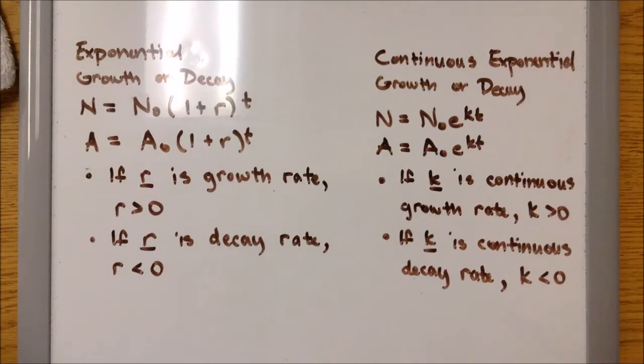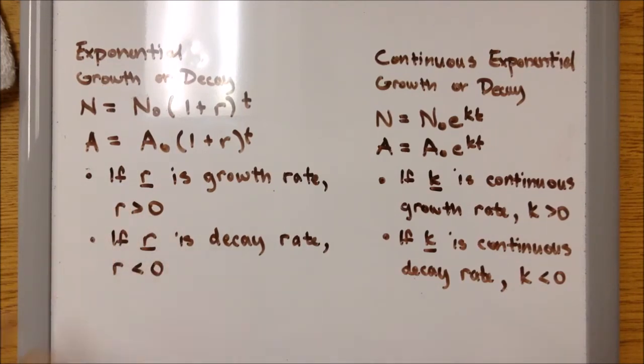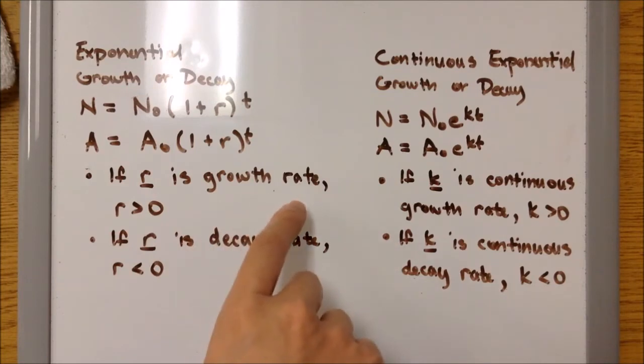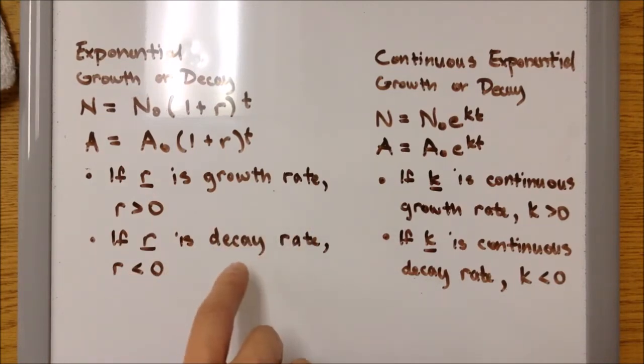So what it means is that sometimes problems will either say growth rate or decay rate, or sometimes they would give you the r first. So if r is positive, it's going to be a growth rate. If r is negative, less than 0, then it's going to be a decay rate.